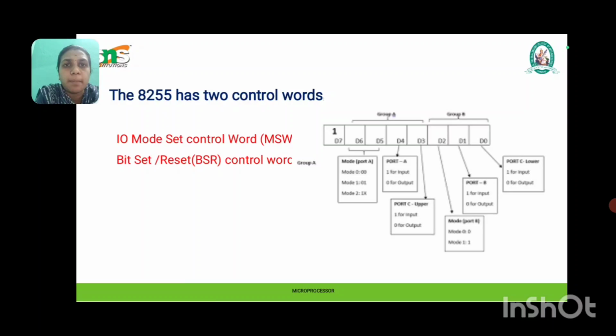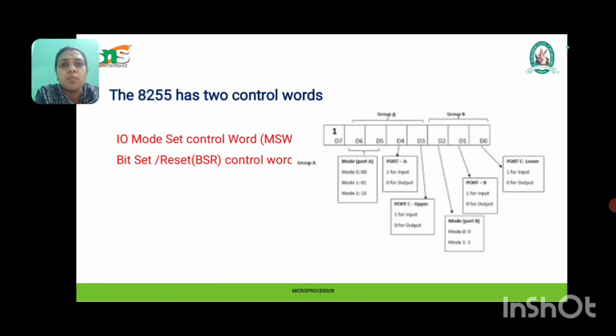For it too, 1 is input and 0 is output. And then D4 is the port A pin, where 1 is input and 0 is output. D5 and D6 select the mode of port A: mode 0, mode 1 and mode 2.